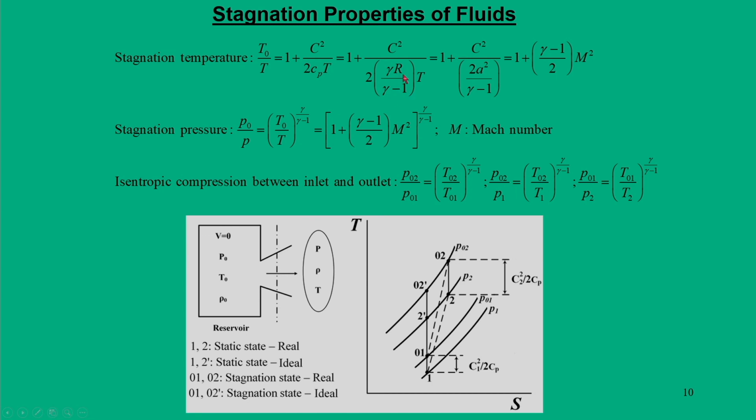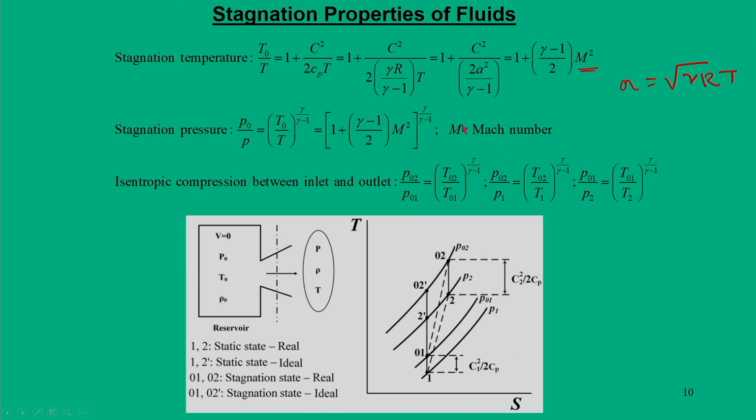Now, here you can write gamma R T as a squared, where a is nothing but the speed of sound. The speed of sound is normally defined by the square root of gamma R T, and by taking the ratio of the velocity of the fluid to the speed of sound, we now represent the stagnation temperature in terms of a parameter M, and we call this M the Mach number.